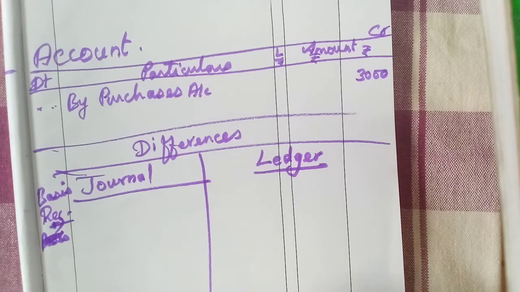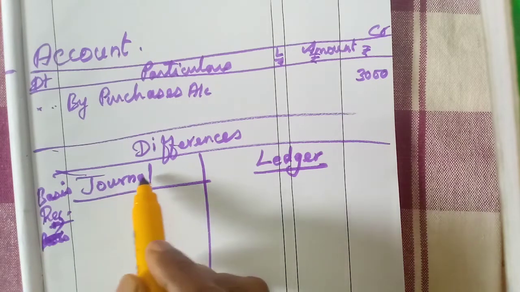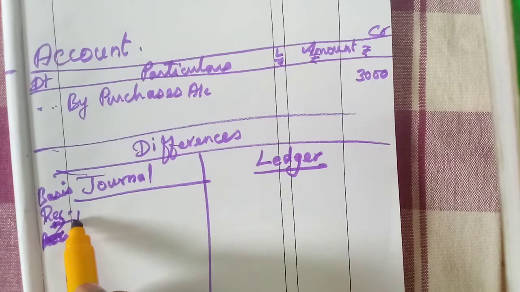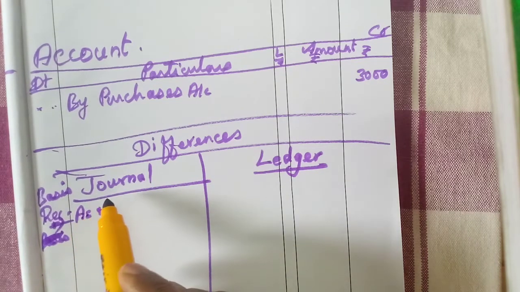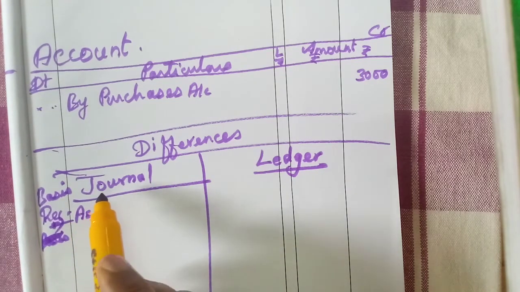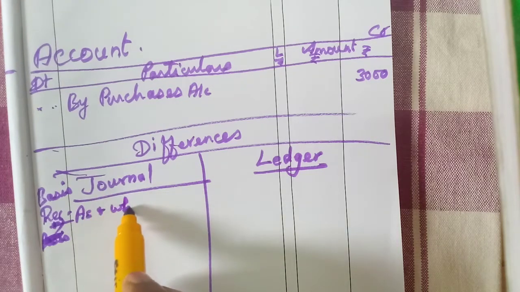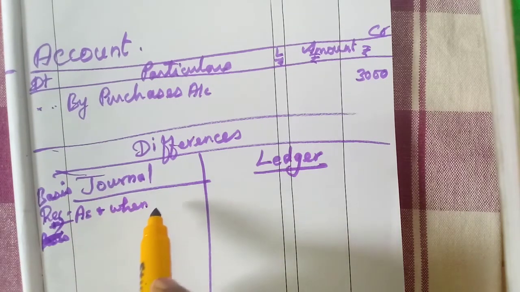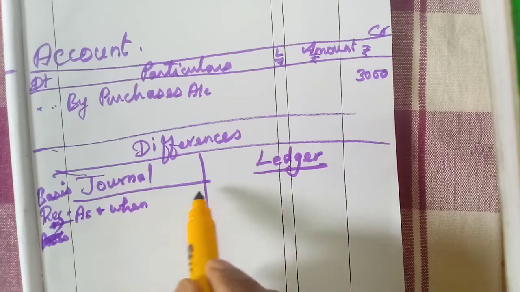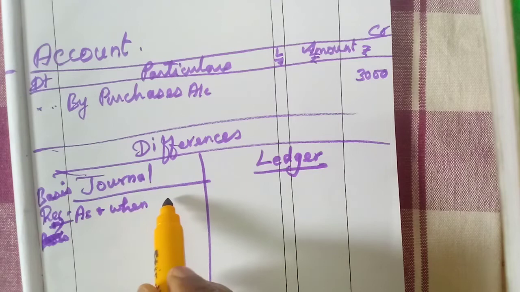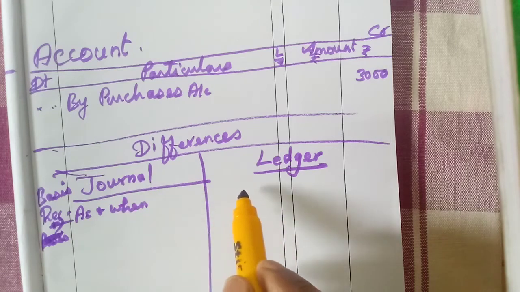When we will record. Here, journal entries will be recorded as and when they occur. Okay. When one transaction occurs, we will enter the journal entries. As and when they occur, we will enter.